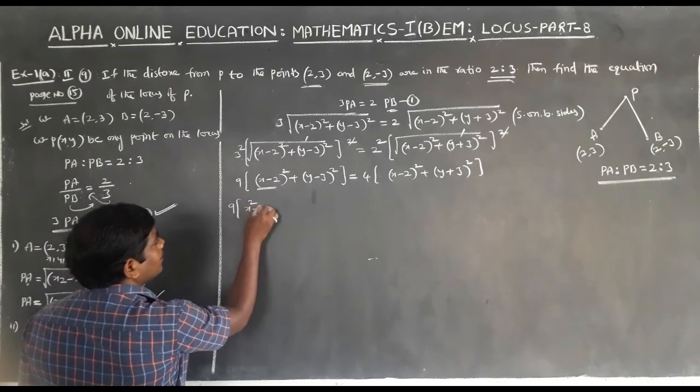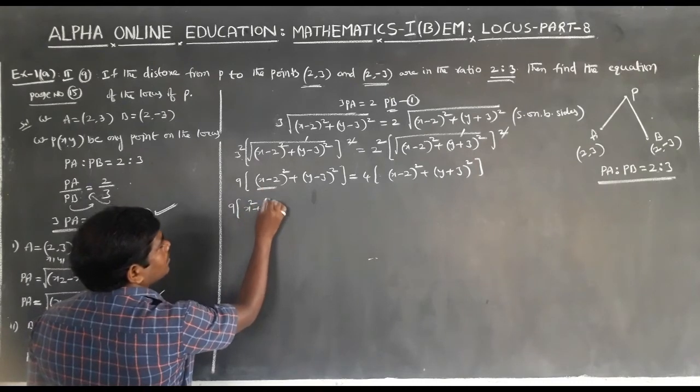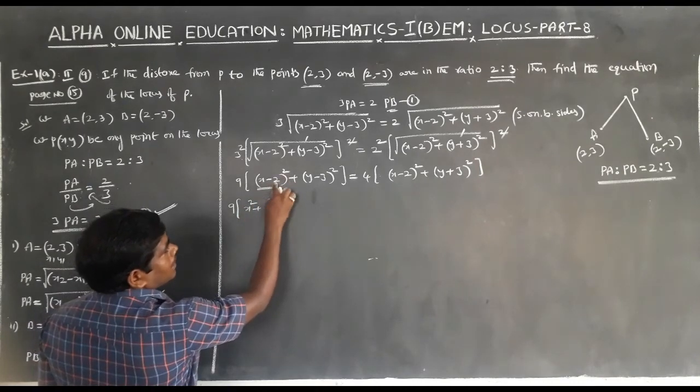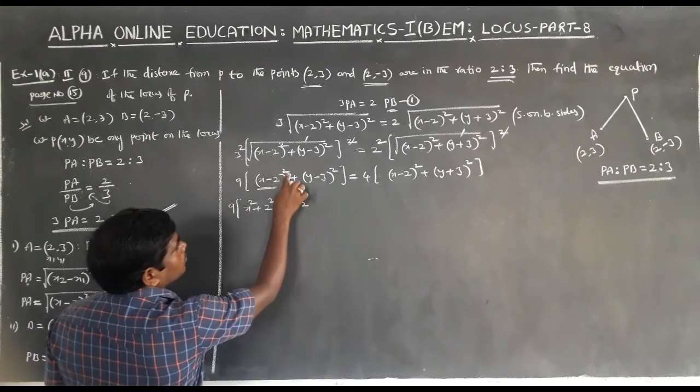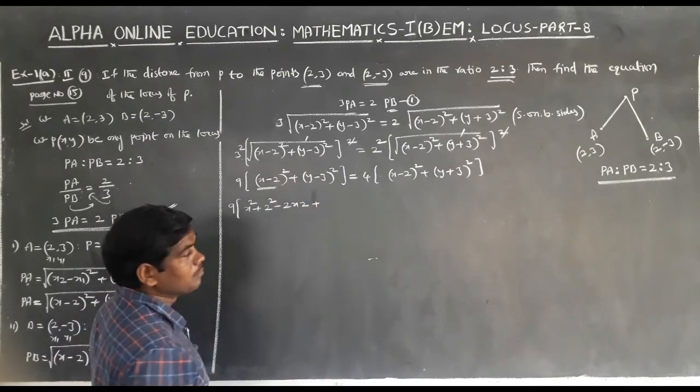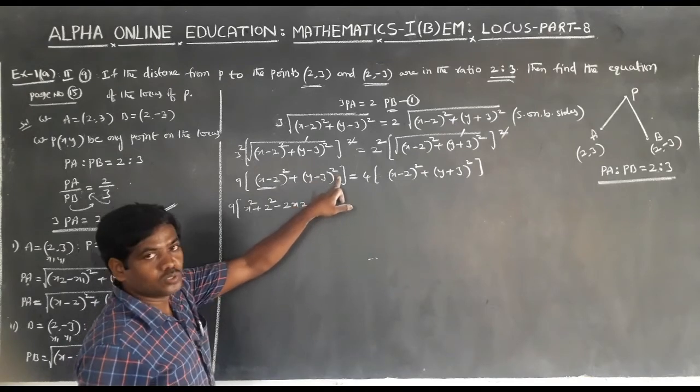A square, x square, plus b square, 2 square, minus 2ab, 2 into x into 2, plus (y minus 3) whole square.